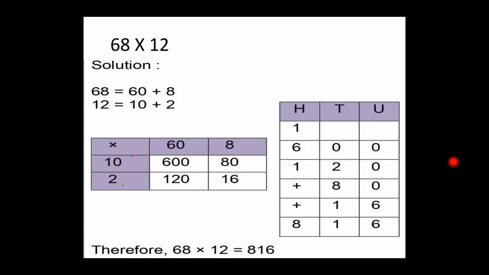Okay. So now 10 multiplied by 60 is how much? Question is 10 multiplied by 60. No dear, it is not 6,000, it is 600. Correct. 10 multiplied by 60 is 600.